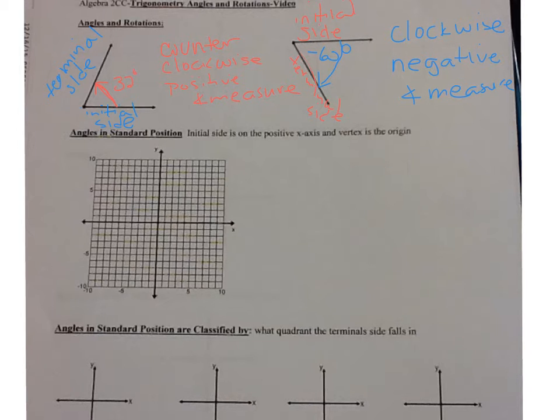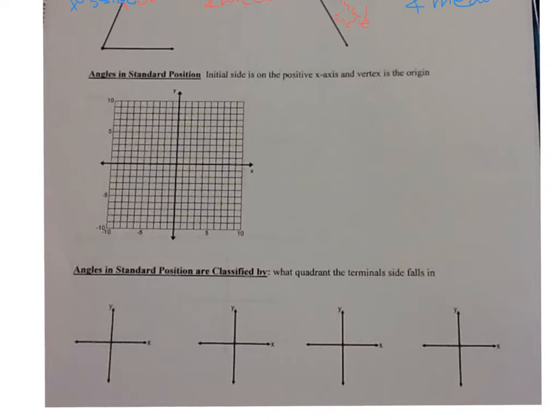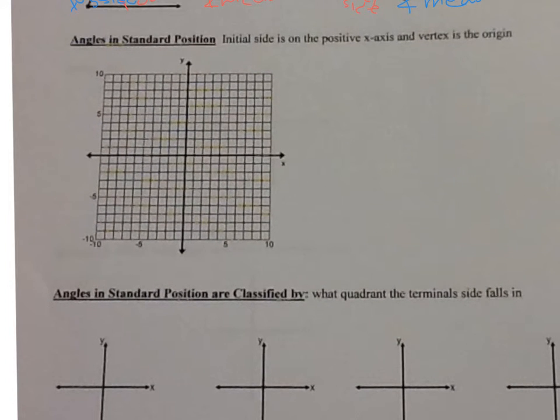Okay, so let's talk about angles that are in standard position. Angles that are in standard position are when your initial side is on the positive side of the x-axis and the vertex is at the origin, which is (0, 0).